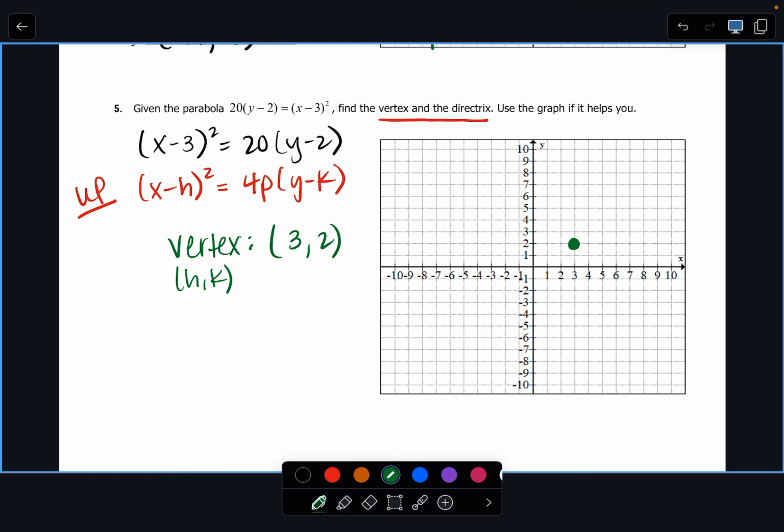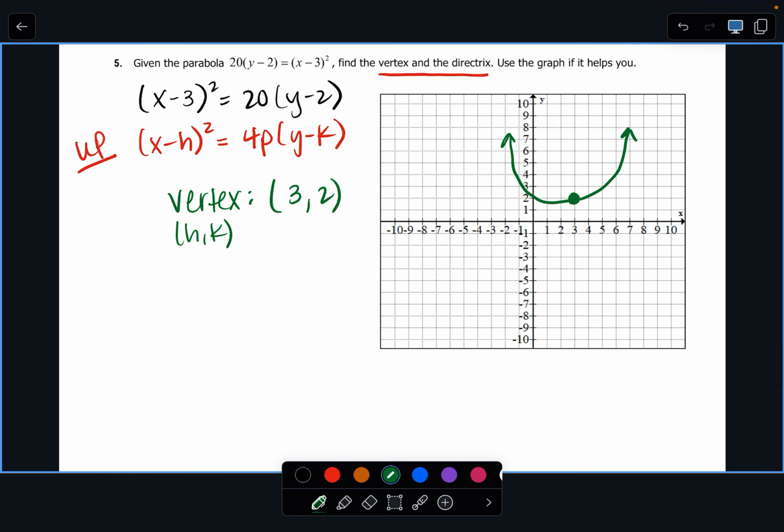Truthfully, it matters that it's going to open upward, but I don't care about anything else other than the directrix because I only want to answer the question and then move on. To find the directrix, you need the value of p. In our case, 20 is equal to 4p.